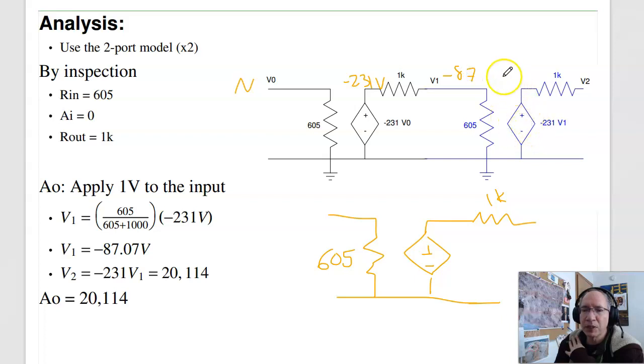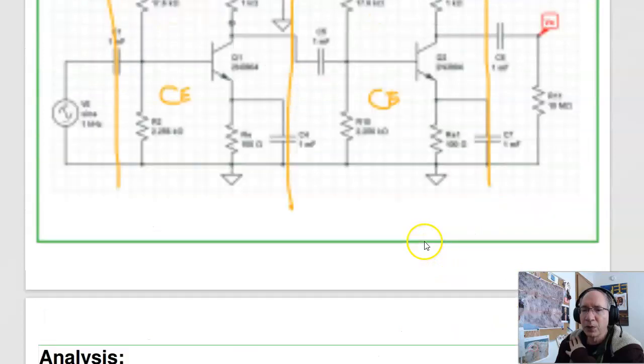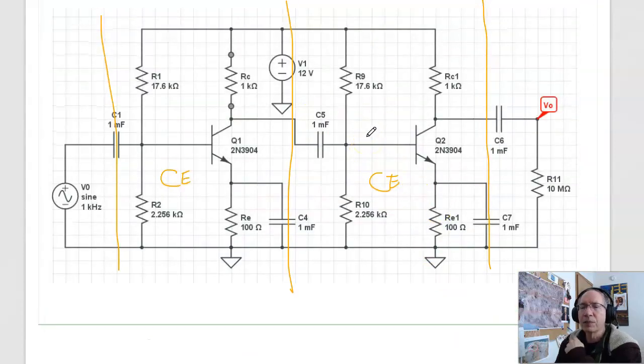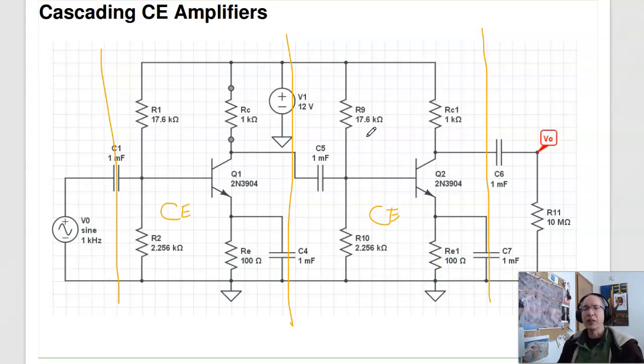Times minus 231 gives you 20,114 volts. So 1 volt in produces 20,114. So this is plus 20,114. That's the two-port model for this circuit. And again, you kind of see that's why we like two-port models. It makes multi-stage amplifiers a lot easier to analyze.